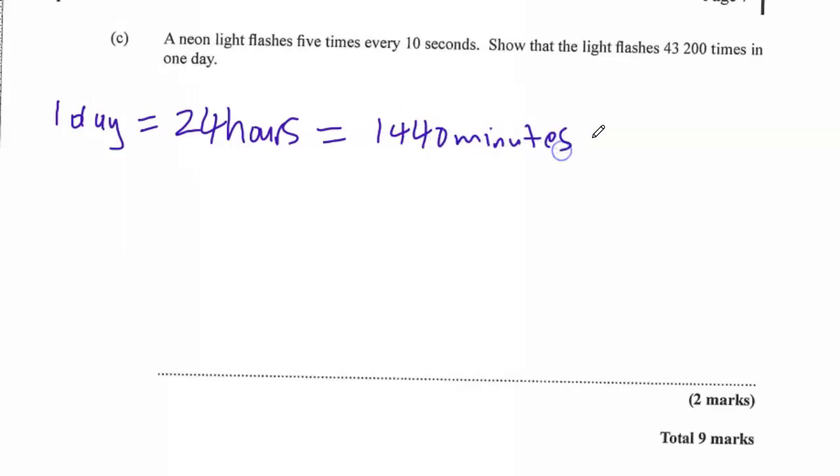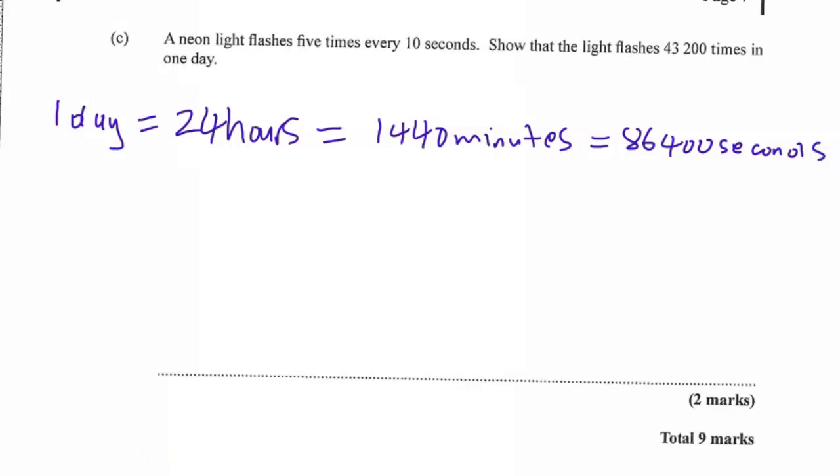And how many seconds are in that amount of minutes? Multiply by 60 again. So 1440 times 60. We get 86,400 seconds. So in one day, we have 86,400 seconds.